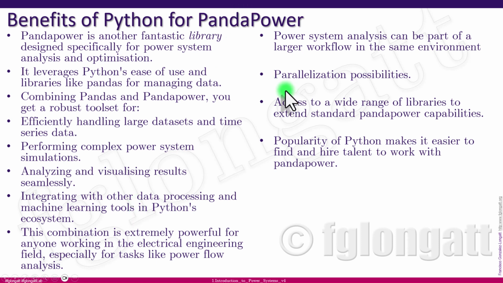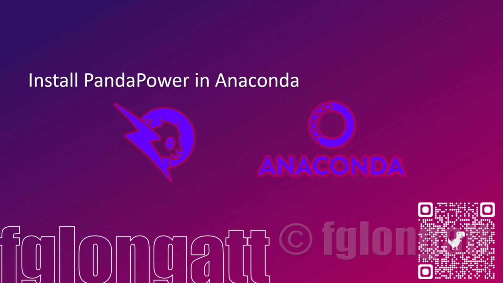A very interesting aspect is that PandaPower can run in parallel. Parallelization is a possibility, which will increase the speed of your simulation, and it is also very simple to connect with other libraries, so it can be run on many computers and platforms.